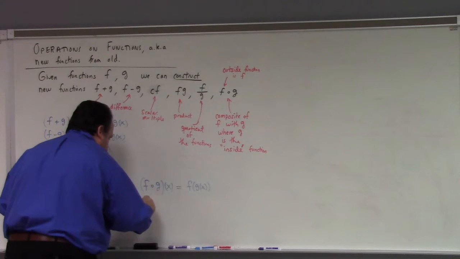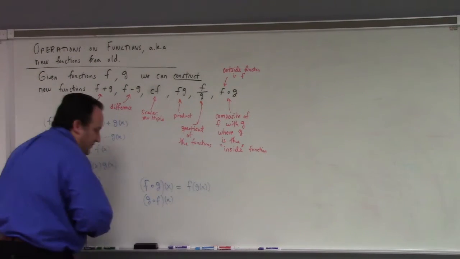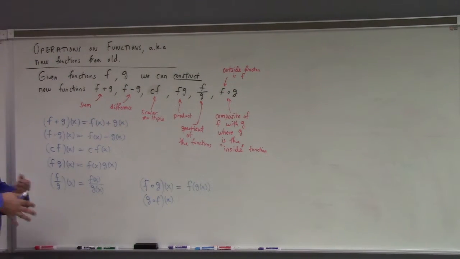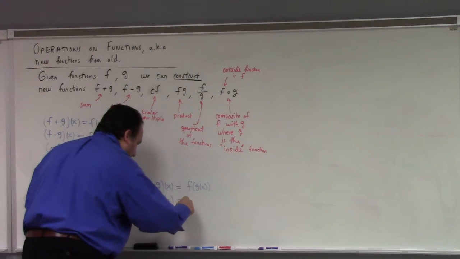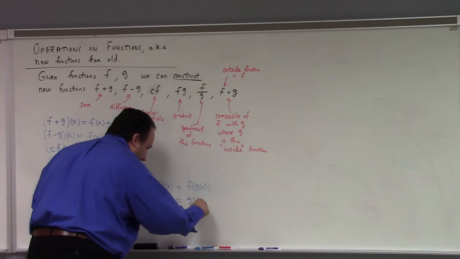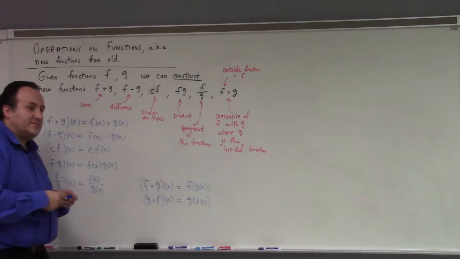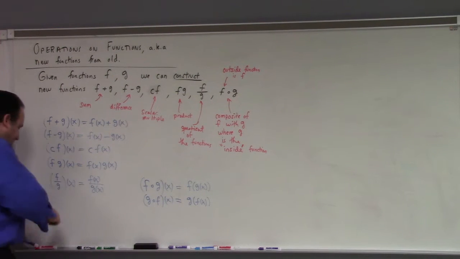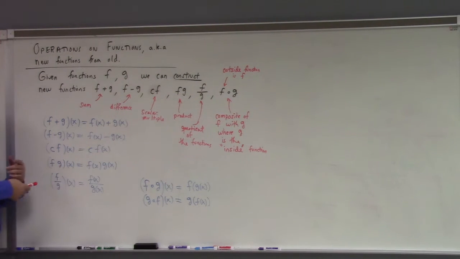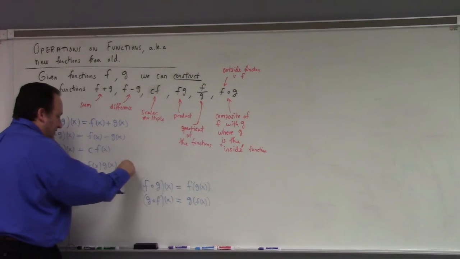Just to give you context here, g composed with f of x would be different. g composed with f of x would be g of f of x. And those don't have to be the same. Contrast that with f of x times g of x. Those are just numbers, whatever they are, so you can commute numbers. f of x times g of x is equal to g of x times f of x.